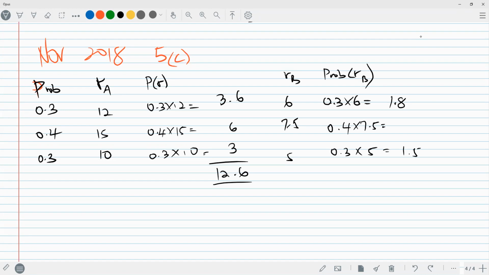You get how much? 6.3? Yes. And get 6.3 as the expected return for B.